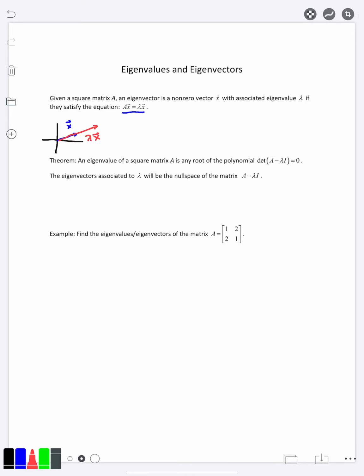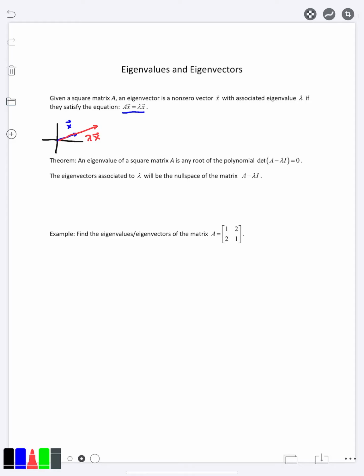And this lambda just tells you how much you scale it. But the thing is that this vector is in some sense a special direction for the matrix A, because when you multiply it, you get out the same direction, just possibly a different length.